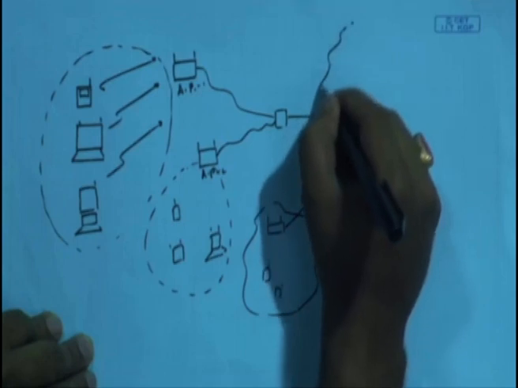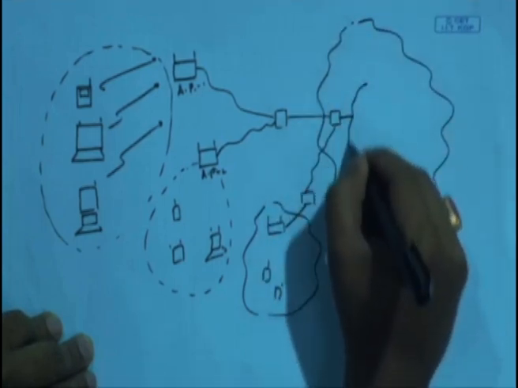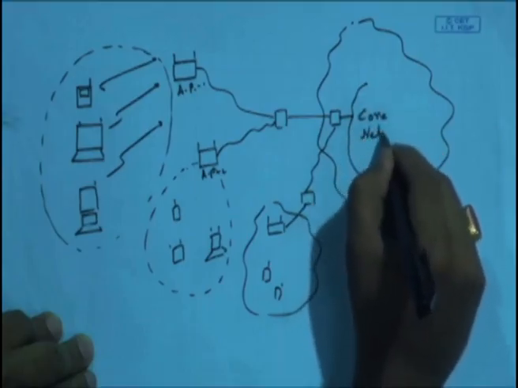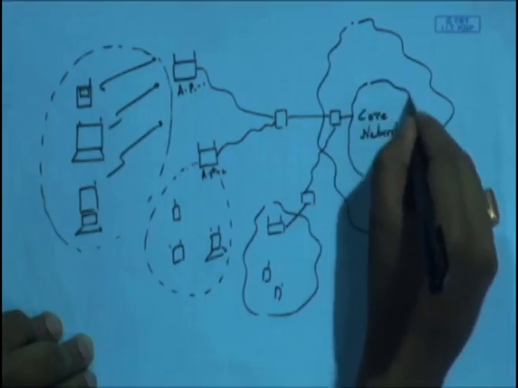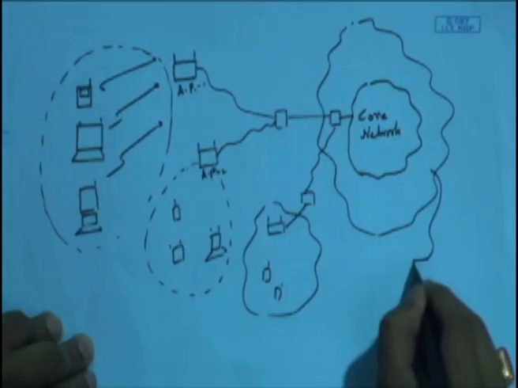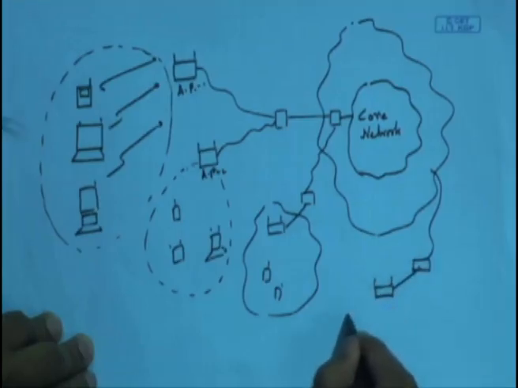This in turn connects to the core network. On the other side of the core network, similarly, one could find another access network.